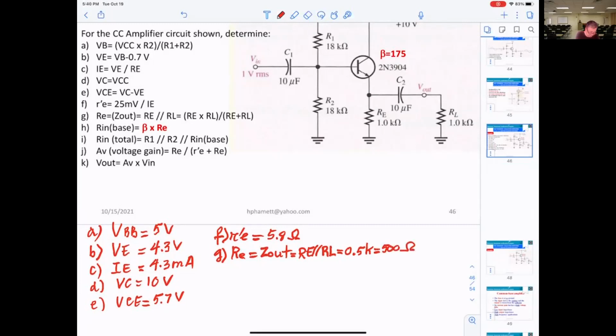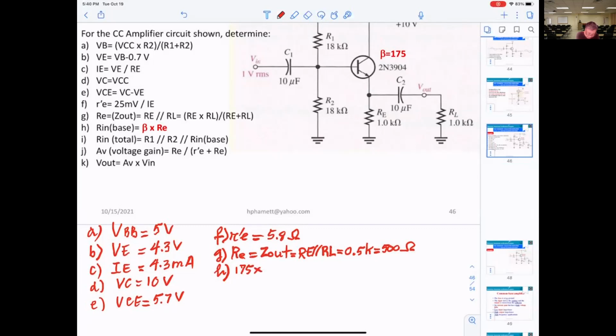Okay, next, R in base equals beta times R small e. Beta is 175.